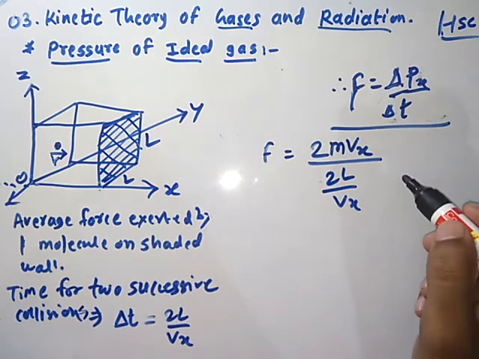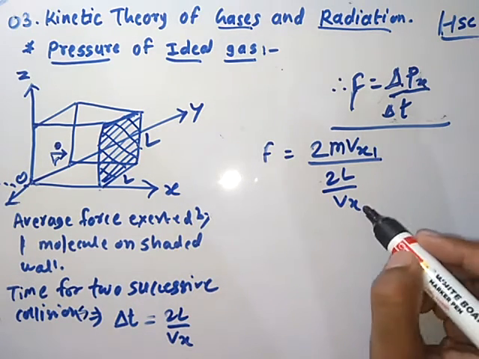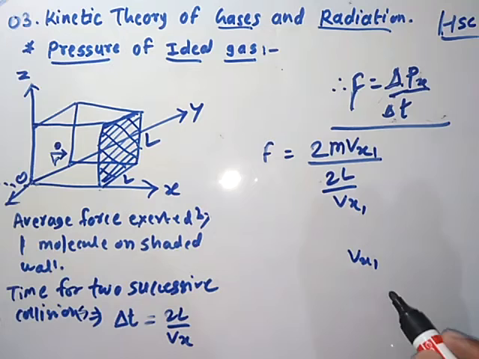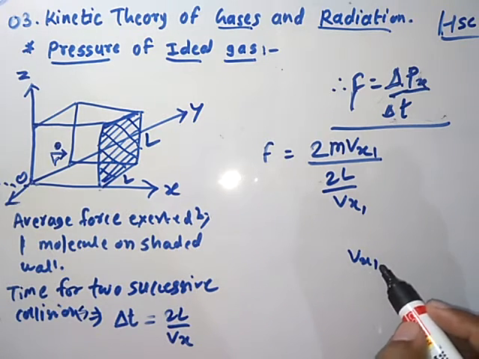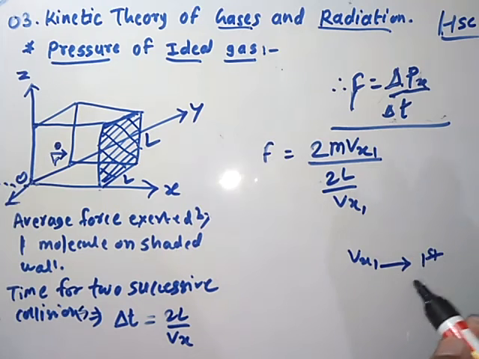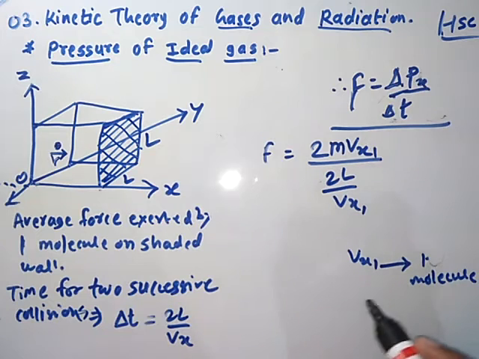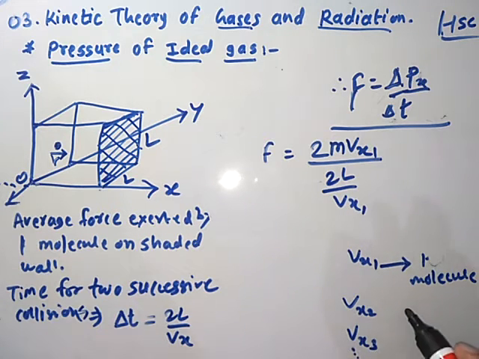Here we take vx1, the velocity of the particle along x-axis, for the first molecule; we consider only one molecule. For one molecule velocity is vx1, for the second molecule velocity is vx2 along x-axis, for the third molecule velocity is vx3, and so on. For the nth molecule velocity is vxn.